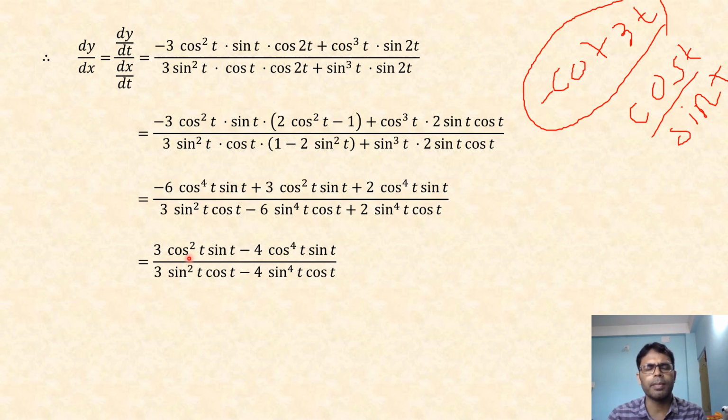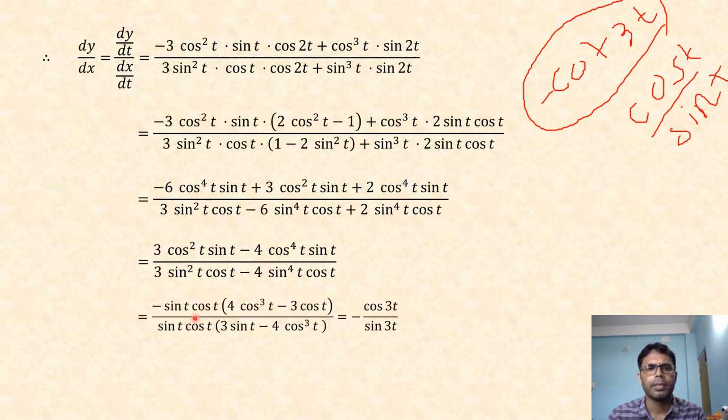Now cancel the common terms: cos into sin cancels, leaving 3 cos t, and taking the negative common as well, here we get 4 cos cube t minus 3 cos t. Here sin t cos t is common, so 3 sin t is there, and here 4 sin cube t.